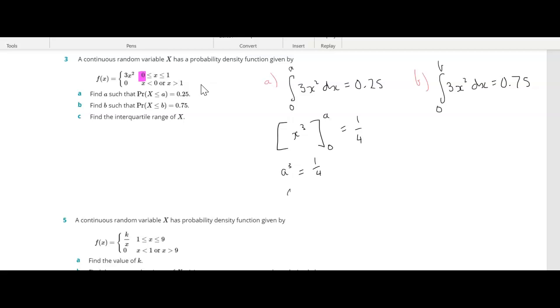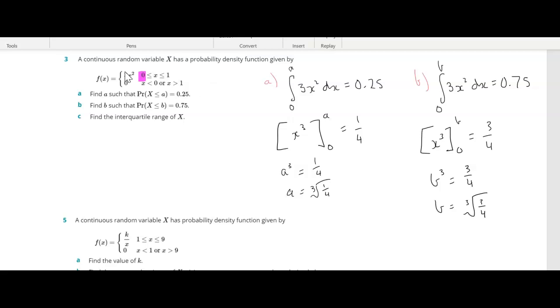Okay, so a is equal to the cubed root of 1/4. I'm just going to leave it like that for now. And let's do the same for b. Now it's not a hard one to do. 0 to b equals 3/4. So we're going to have b cubed equals 3/4. So b equals the cubed root of 3/4.